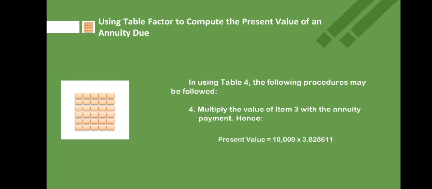Hence, so para makuha yung present value, i-multiply natin yung value sa item 3 which is the 3.828611. So, 10,000 times 3.828611 is equal to 38,286.11. So, same sila doon sa nakuha nating sagot using the formula.